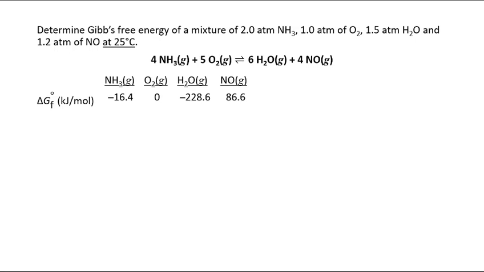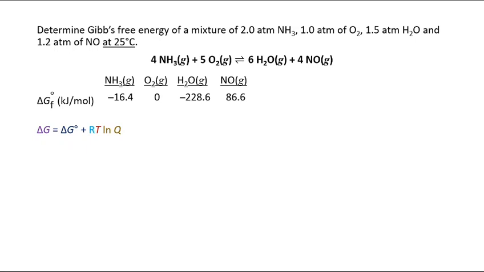And so if you know the relationship between Q and your standard free energies, you can use this other equation, delta G equals your standard delta G plus RT times the natural log of Q. And so, great thing about this equation is we've done all this stuff before. You just have to remember how to plug these things in correctly in order to get the variables that you need to solve for.